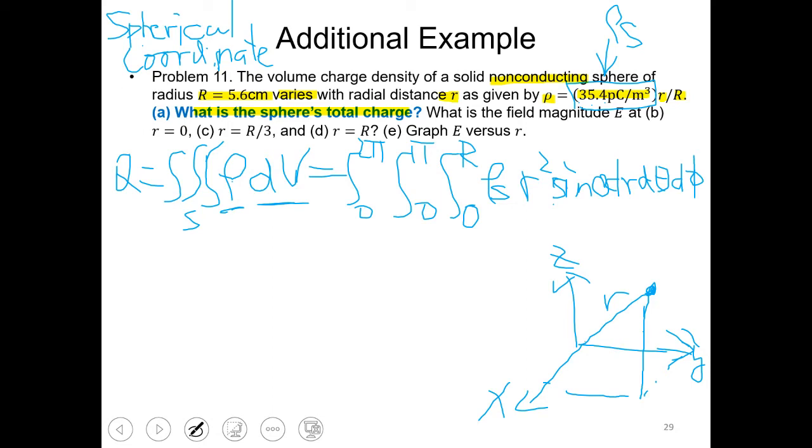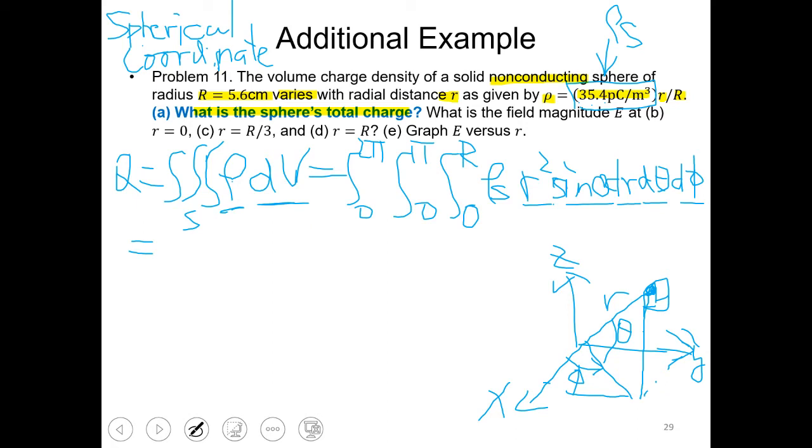We use this one, and then this angle will be phi, and this angle will be theta. So the volume of this part will be r square sine theta times dr d theta d phi. You will learn it in calculus class, no problem. But I just let you know now.